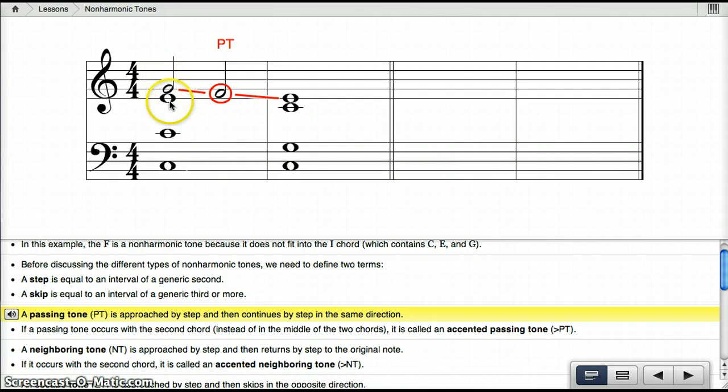So here we have a C major chord, and the harmony for the C major chord is valid throughout this entire bar. But then the soprano voice steps out of the chord tone that it belongs to, which is a G, down by step, you can tell by the red line, out of the harmony, and then continues in the same direction down to land in a different harmony.